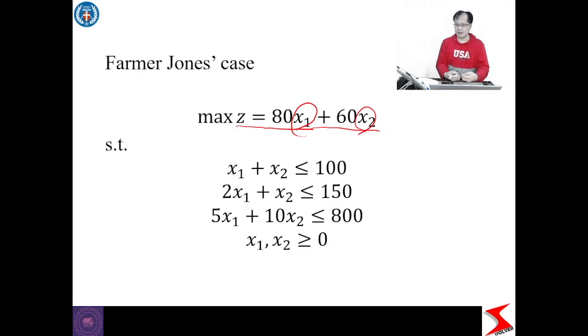And the three constraints are the land constraint, the labor day constraint, and the cost constraint, respectively. Of course, x1 and x2 must be larger than or equal to 0.